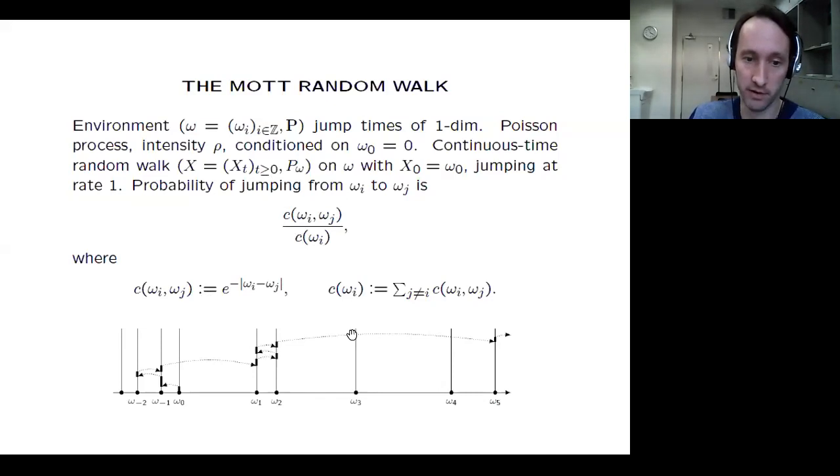So the chance of jumping from site to site decays exponentially with their separation. It's easy to check that for the Poisson process, the normalizing constant that you need to make this a probability is finite almost surely. So this is a well-defined probability measure at each site, and we can define the random walk in random environment using these probabilities.